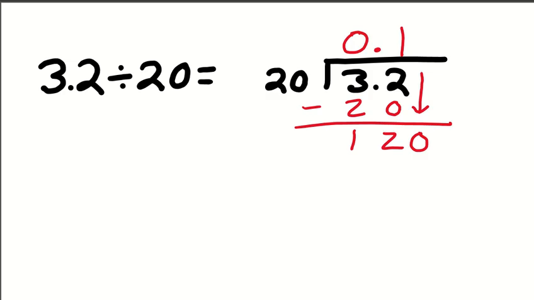Now, the question is, how many times will 20 go into 120? Well, I know that 20, 40, 60, 80, 100, 120. If I count by 20s, I know that I got to count by 20 6 times. So 6 times 20 is 120, and 120 decreased by itself is going to be 0.